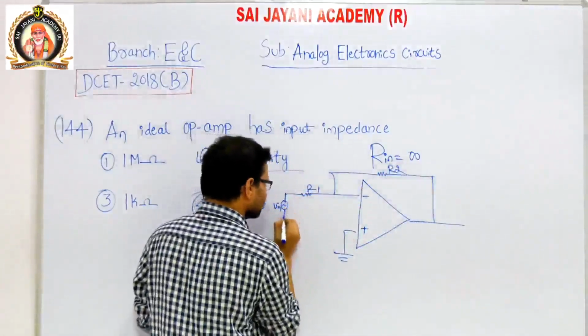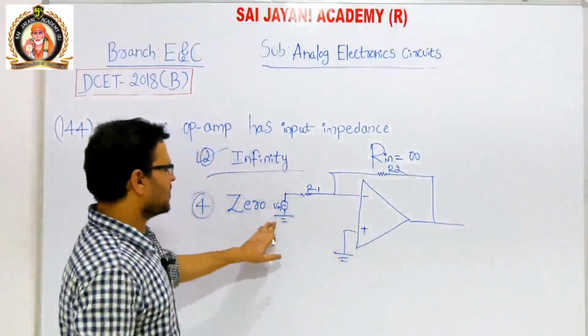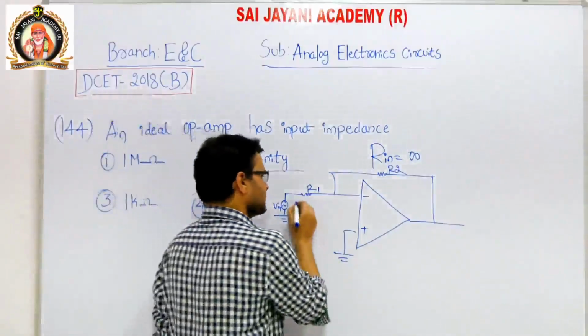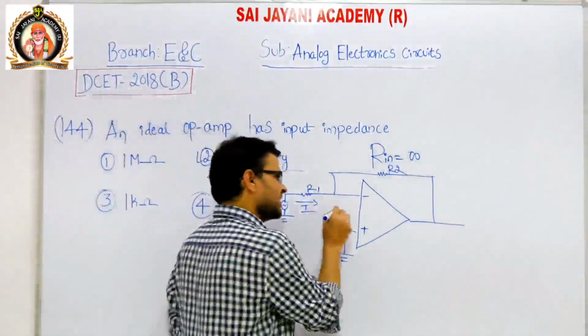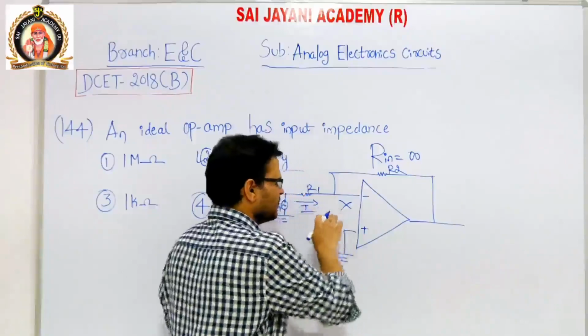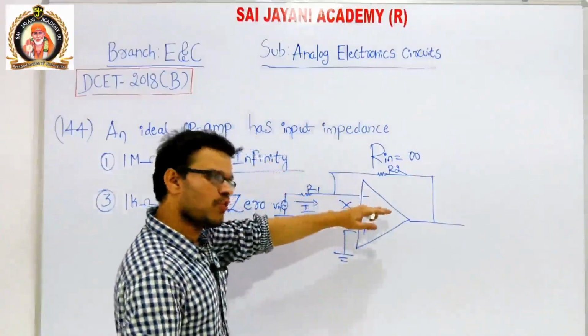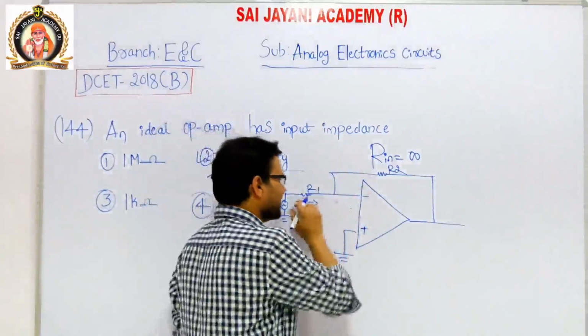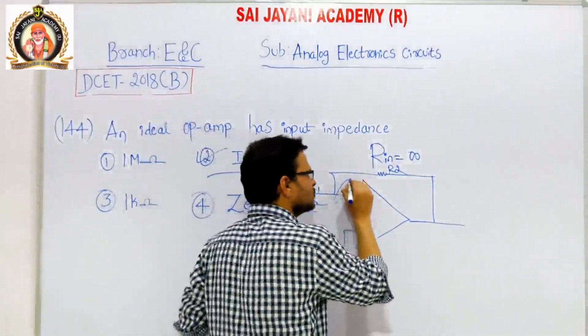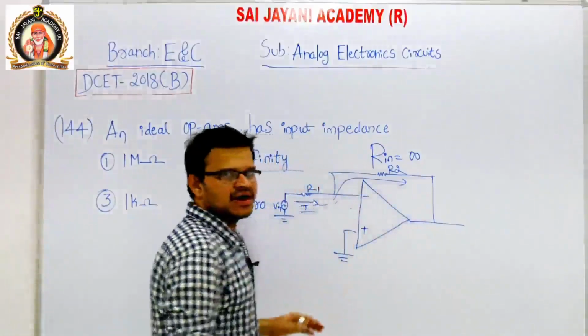This is a voltage source Vin. If we give an input signal, then the current will flow through the resistor R1. Then this current will not enter into this op amp because of infinite input impedance. So the entire current will flow through the feedback resistor R2.